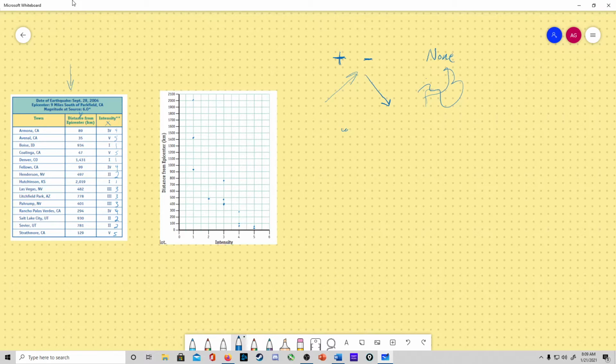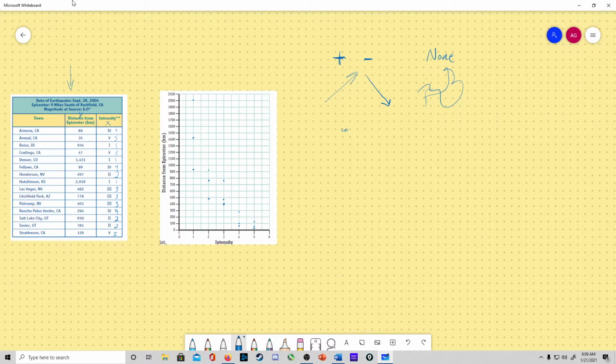Salt Lake City is 930 miles away, and it was a level 2 intensity, so that's up here. Sevier, Utah, 781, level 2, is close to 800, so we'd put that point right there. And Strathmore, California is 129 miles away, and it's a level 5. So here's 5, and 129 would be around here.